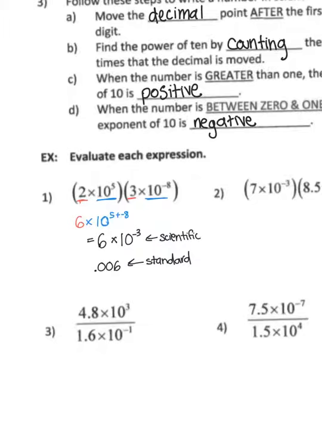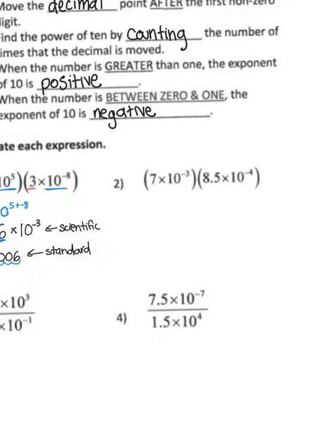If you notice, if we look at this number, 0.006, if I move that decimal point after the first non-zero number, that would be 1, 2, 3, that's where I get this 6 from. And my 3, 10 to the third, but that negative is because it's between 0 and 1. So that's where I get the 6 times 10 to the negative 3 from.